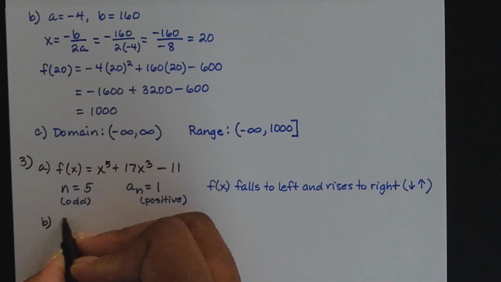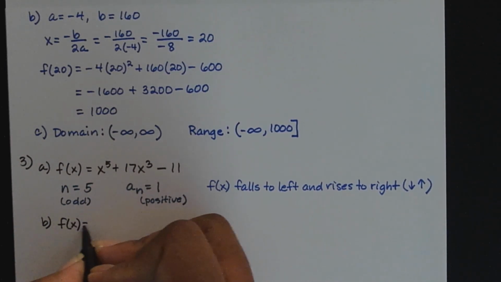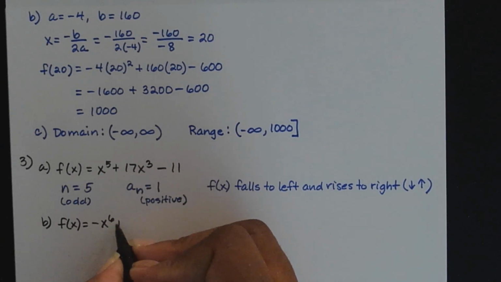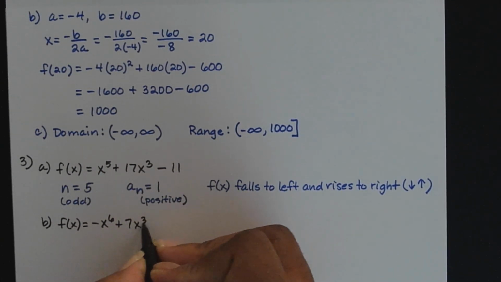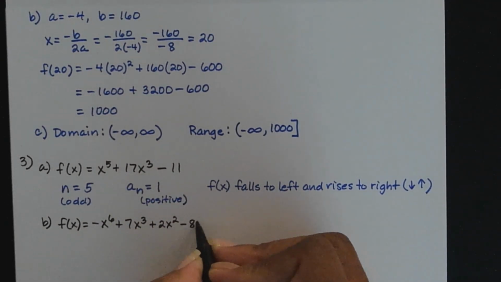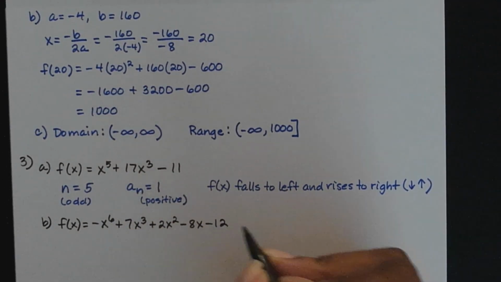All right, now part B, we got f of x is equal to negative x to the 6 plus 7x cubed plus 2x squared minus 8x minus 12.